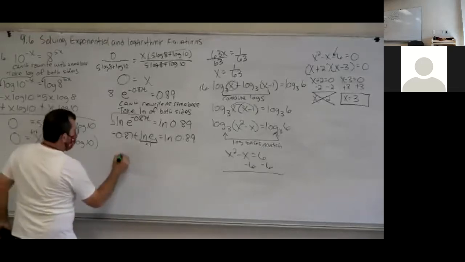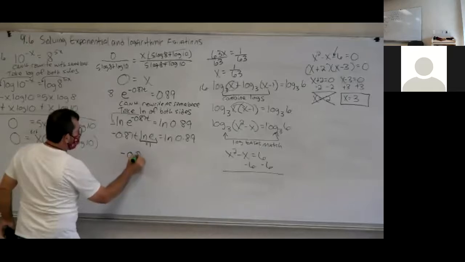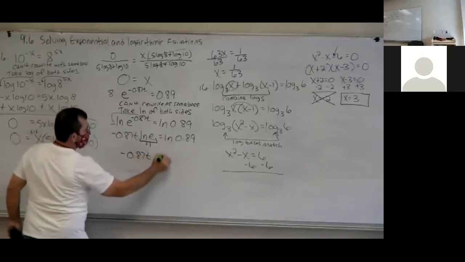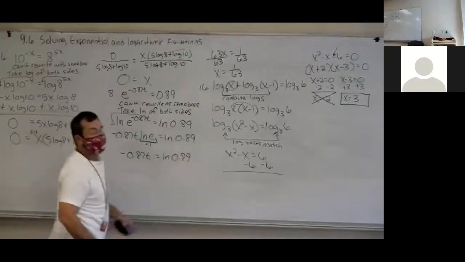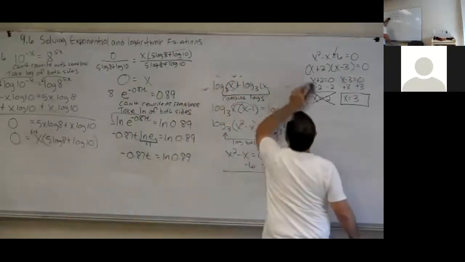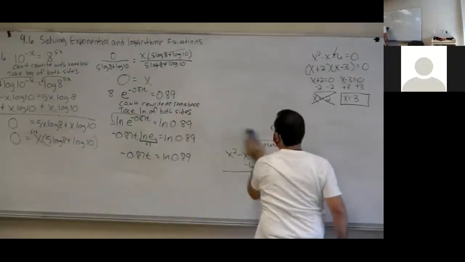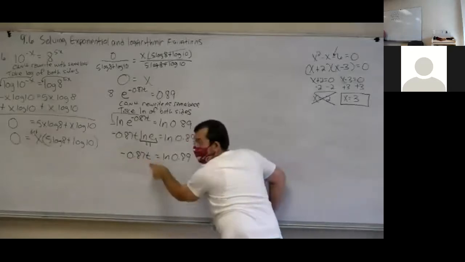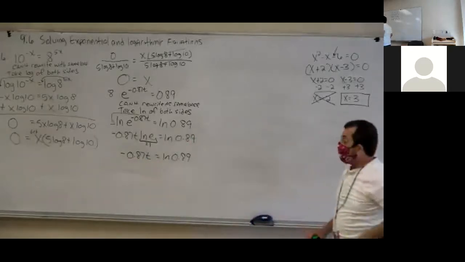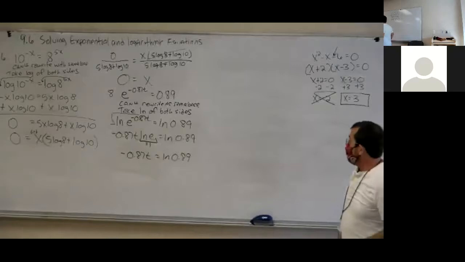And we know that because if it equals 1, we can basically get rid of it. So that'll give me a negative 0.87t equals the ln of 0.89. And y'all, one more step to get that t by itself. I'm going to divide both sides by negative 0.87.